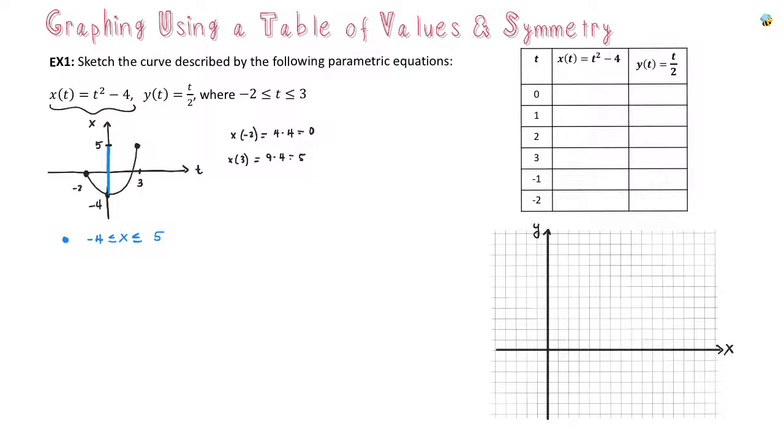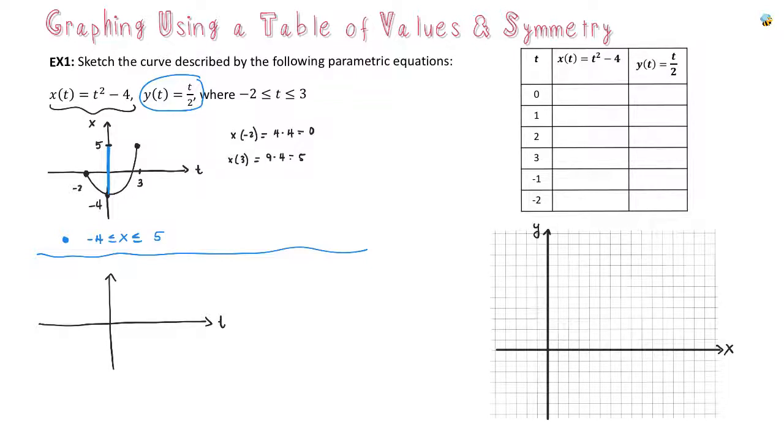Then, in the same way, I am going to go ahead and analyze the second equation right here. And if I do that in the traditional sense, I will have t here, I will have y right here, and then t over 2 is linear.